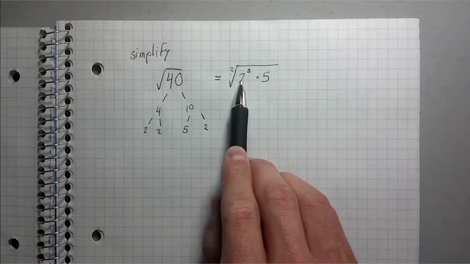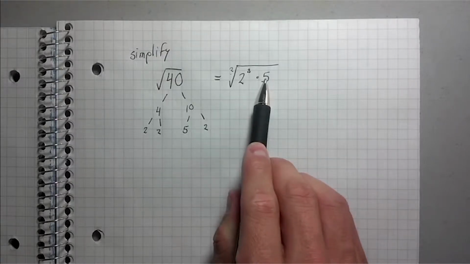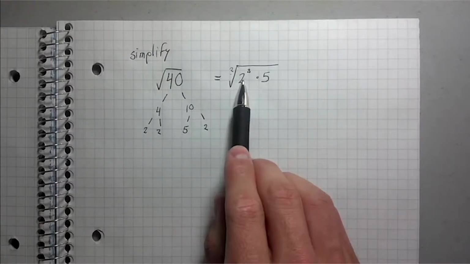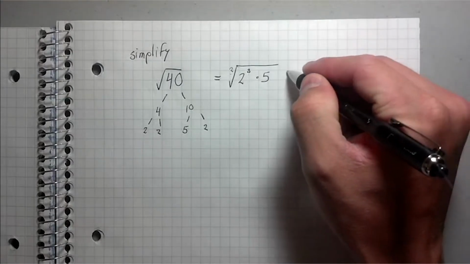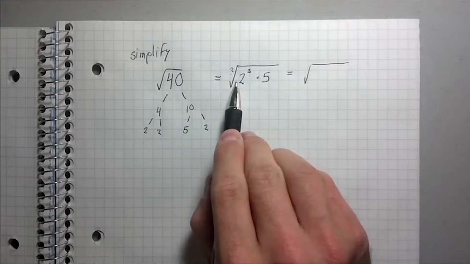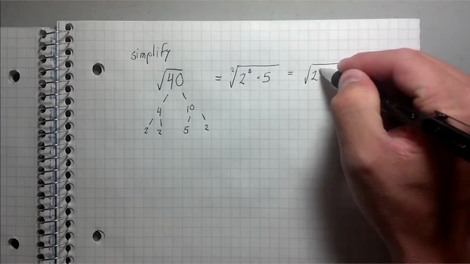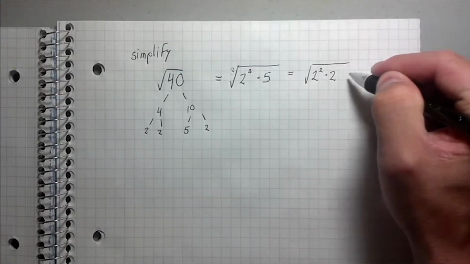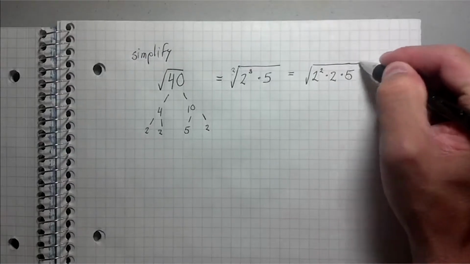So notice, in here I have 3 2's and 1 5. If I broke up 2 of these factors of 2's, I could rewrite this as 2 squared times 2 times 5.